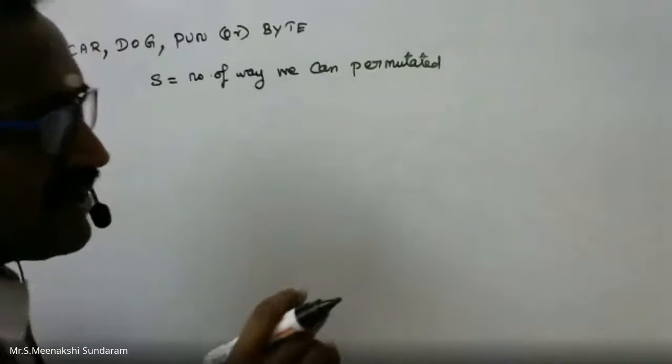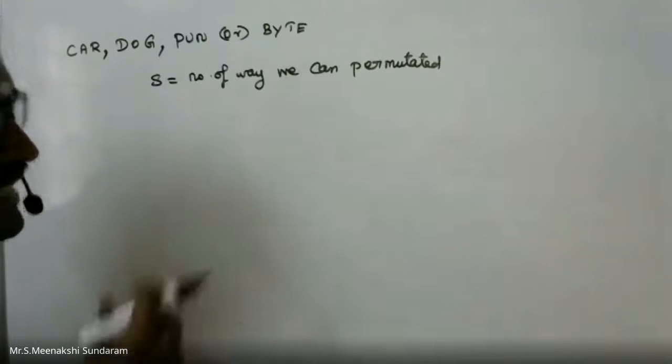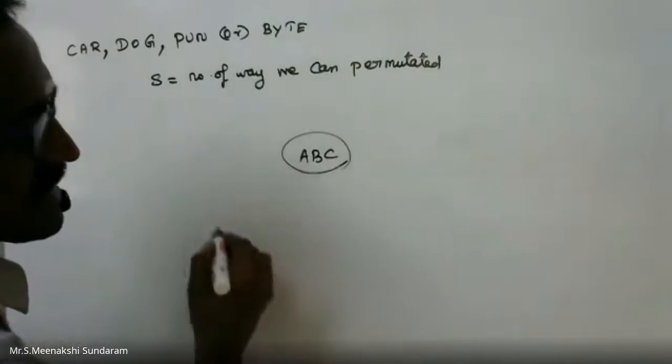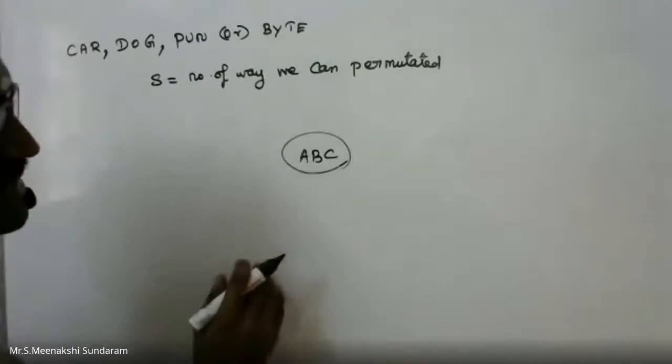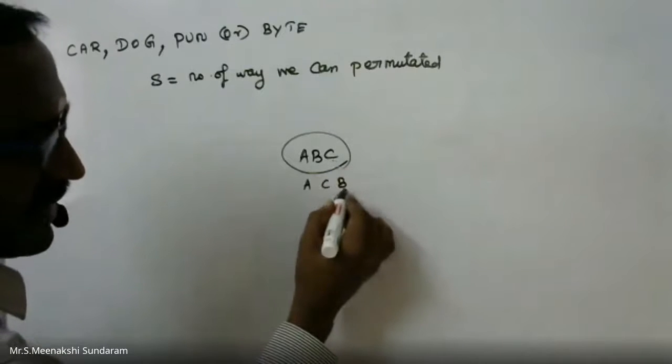So permutation is actually an arrangement, combination is a selection. For example, if A, B, C are three persons, we can arrange the students: A, then C, B is one way.